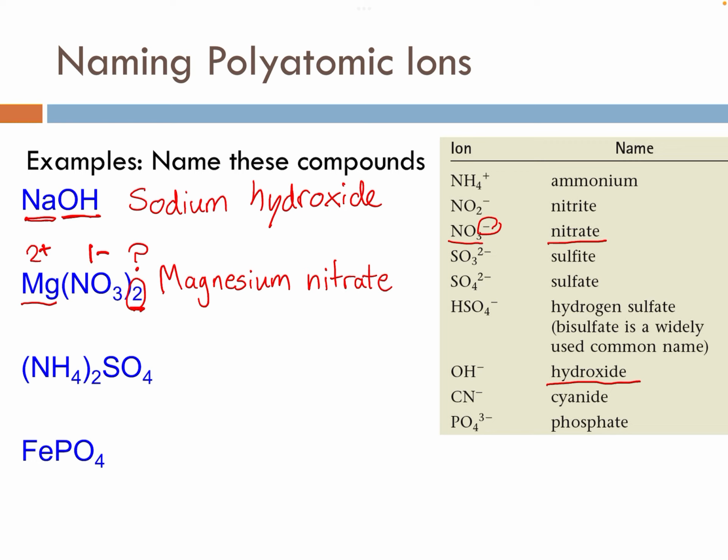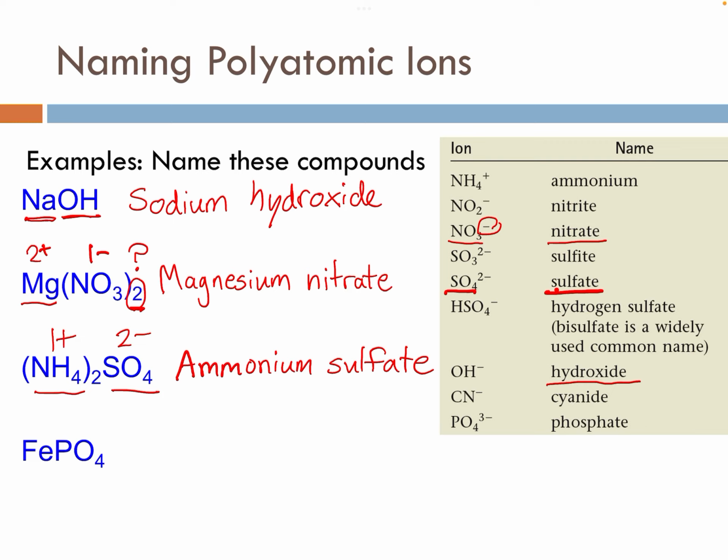Let's try the next one. So here I have actually 2 polyatomic ions bonded to each other. So we've got ammonium first. And it's bonded to SO4, that is sulfate. And once again, ammonium is a charge of +1, sulfate is a charge of -2.